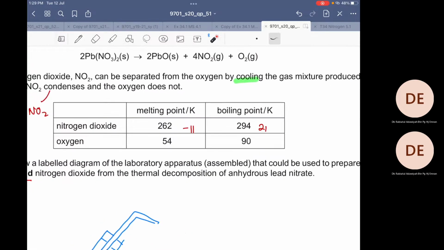What we're interested in is the boiling point because that's the point where your gas would turn into liquid. 294 Kelvin minus 273 is about 21 degrees Celsius. And then 90 minus 273 is negative 183, correct? In degrees Celsius.